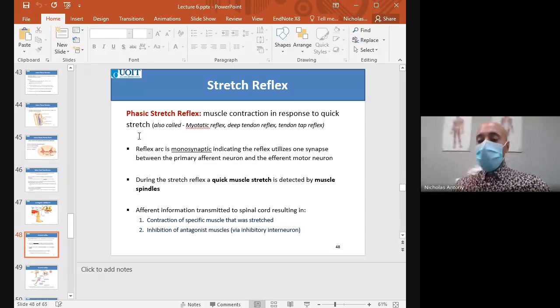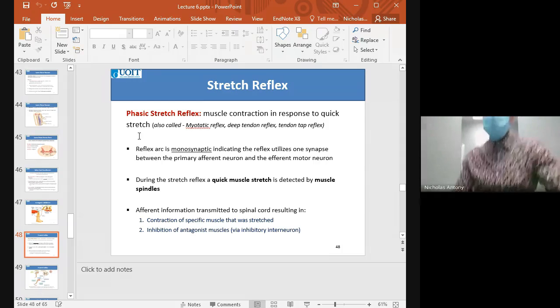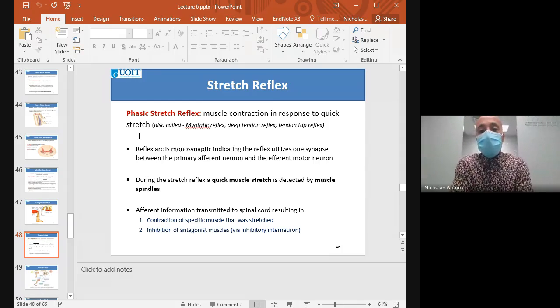So yeah, that's a good question, Carolyn. What is the purpose of doing that? Clinically, what can you guys think of as an example of why we would check the integrity of someone's neurological system by using the tendon tap reflex? So that is the patellar tendon reflex, and yes, exactly.